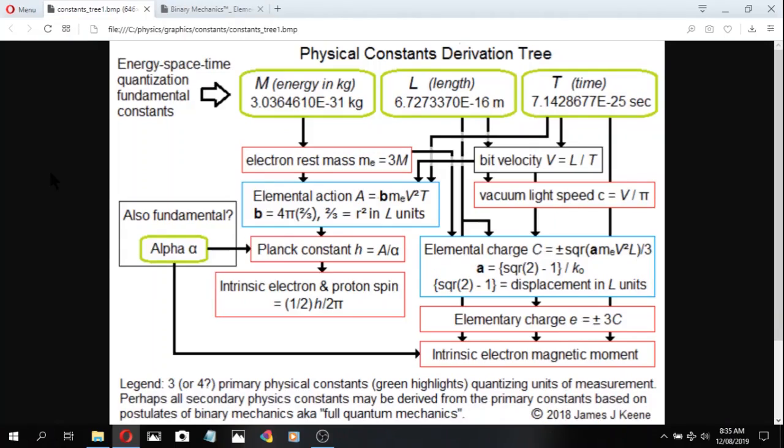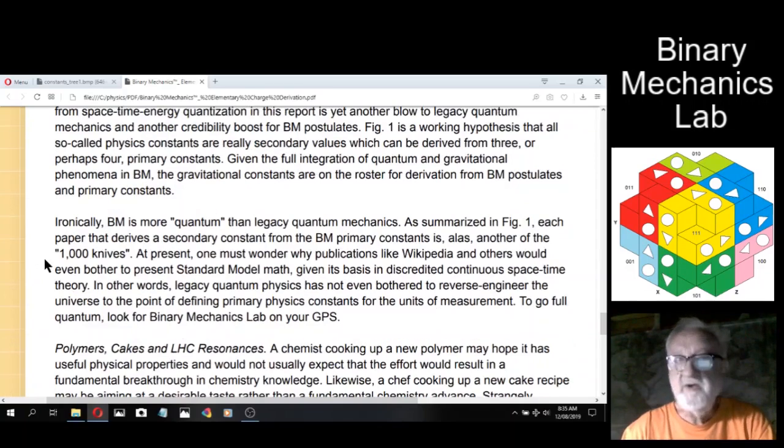The physical constants derivation tree shows that perhaps all secondary physics constants may be derived from the primary constants based upon the postulates of binary mechanics, aka full quantum mechanics. Ironically, binary mechanics is more quantum than legacy quantum mechanics. As summarized in the tree that I just showed you, each paper that derives a secondary constant from the primary constants is, alas, another of the 1,000 knives.